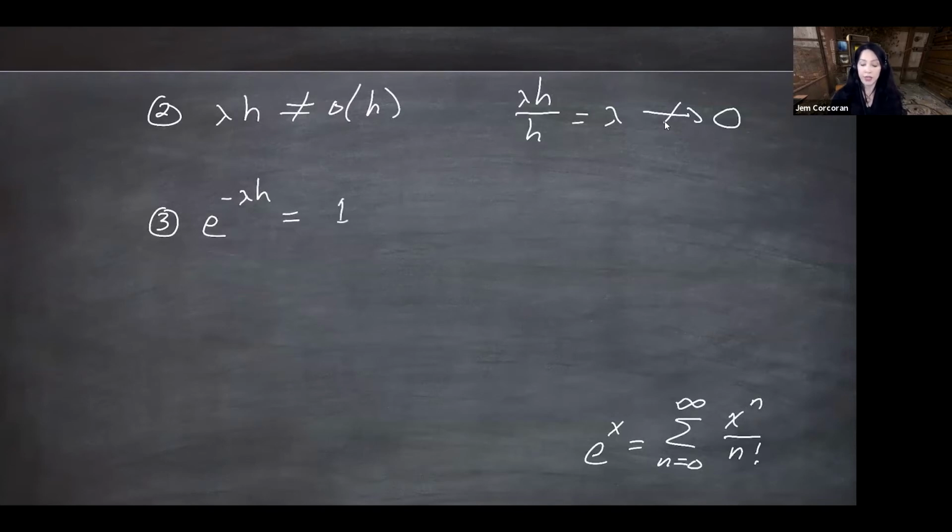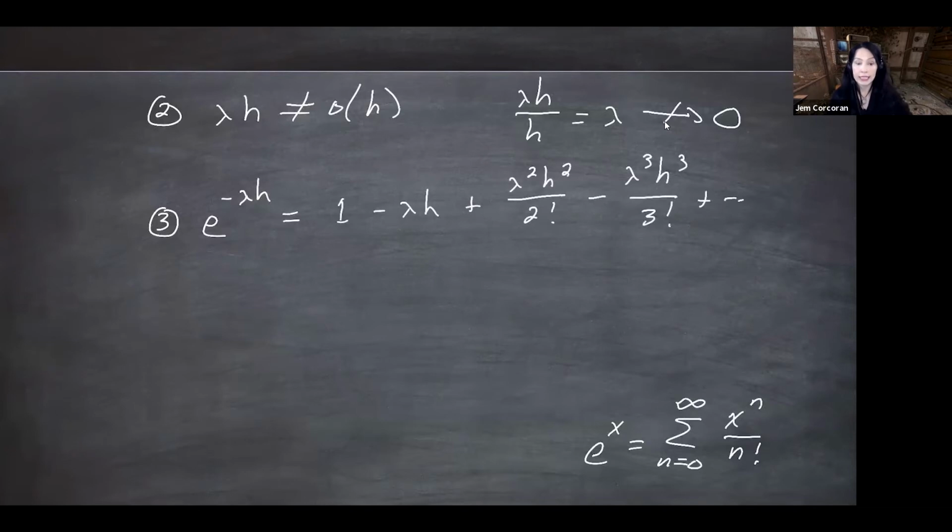The next term is minus lambda h. The next term is positive lambda squared h squared, because really it was a minus lambda h that got squared over 2 factorial. I'm going to write just one more. What is my point? My point is that this e thing that we see all the time in exponential distributions and Poisson processes is 1 minus lambda h plus some stuff. That's little o of h.